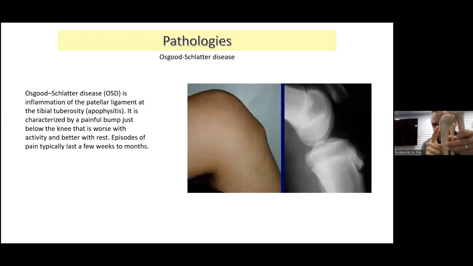If that starts to grow out more, well, what attaches right here is the patellar tendon, the quadriceps tendon, right? And so it causes irritation to that tendon, and then inflammation and just pain, typically in the anterior part of the knee. So massage could be helpful in just easing the pain, but nothing else.